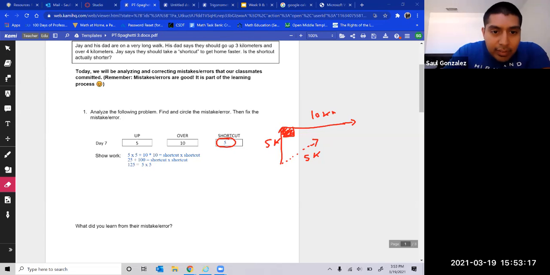And let's analyze this thinking. Let's see what they have. So it looks like they use the formula up multiplied by up plus over multiplied by over equals the shortcut multiplied by the shortcut.